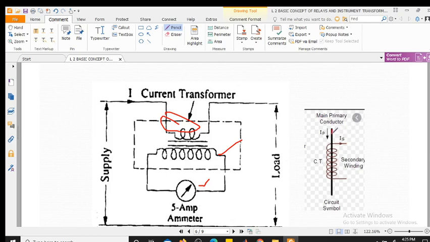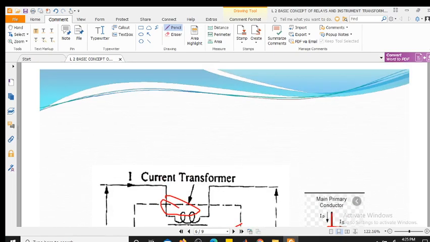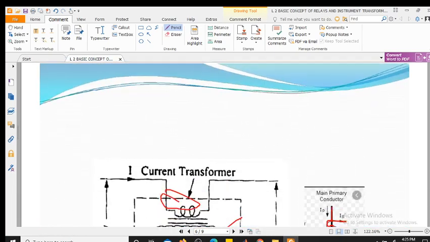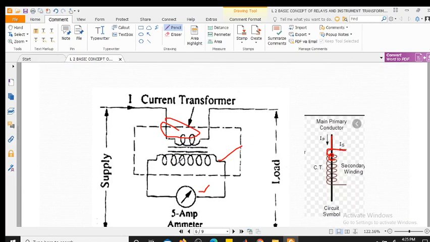This is the main conductor for which we have the primary, and this is the secondary winding. So primary will be for main conductor and secondary will be connected to the relay coil.